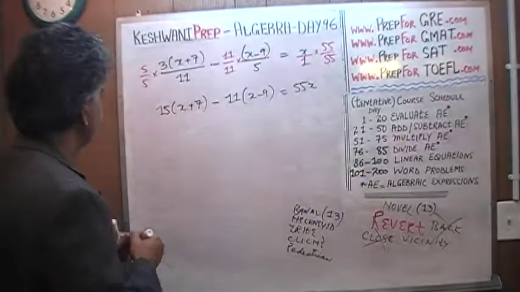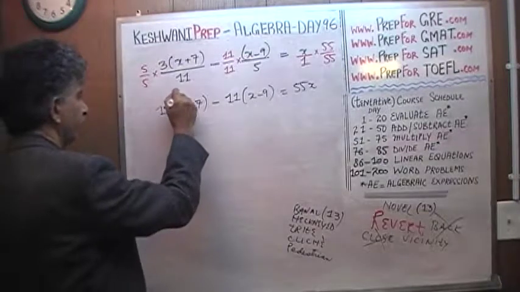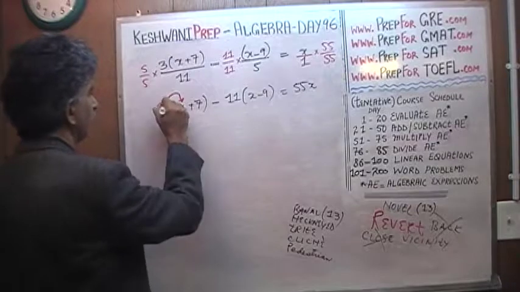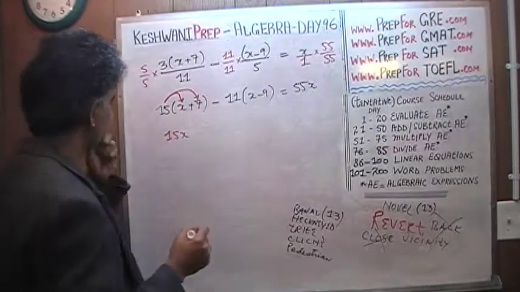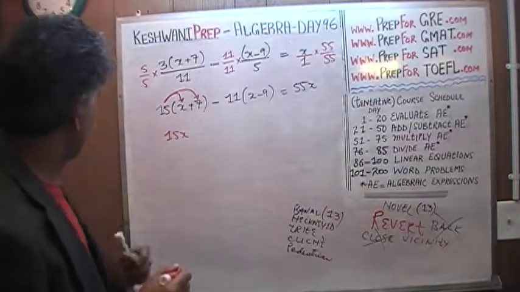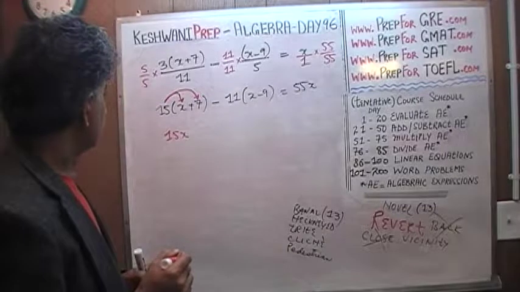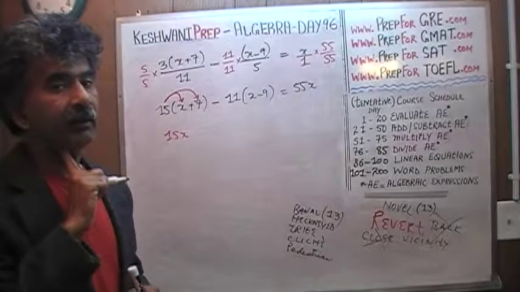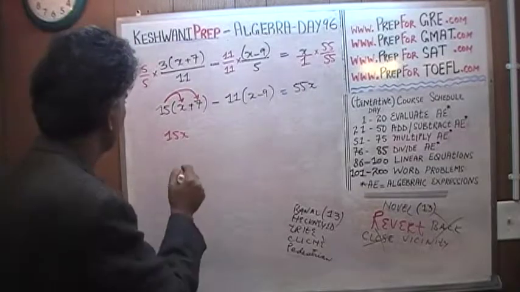Let's see what we can do. Open the parentheses. 15 times x is 15x. 15 times 7, oh, that's a tricky one. Well, I know 10 sevens are 70 and 5 sevens are 35. 35 plus 70, 105.